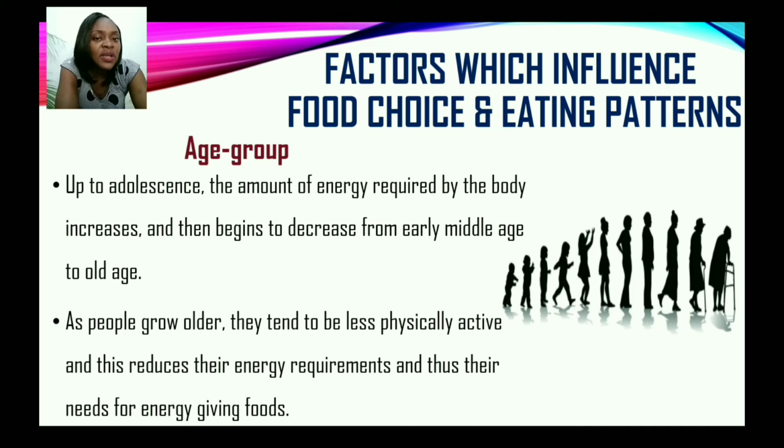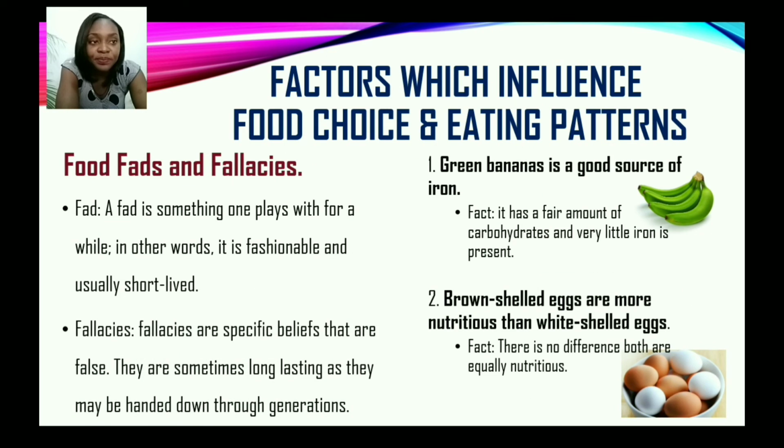So persons' food choice may be influenced because of their age level. So if they're infants, toddlers, children, adolescents, adults, senior citizens, you may find out that your food choices may differ because of their age and also the needs of their body at that particular time.